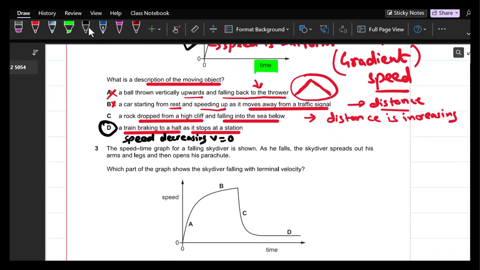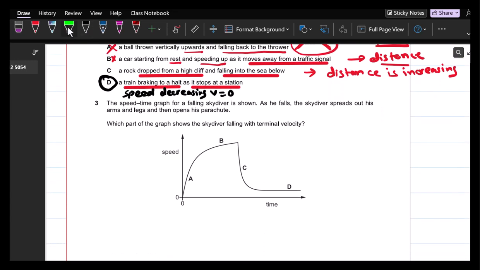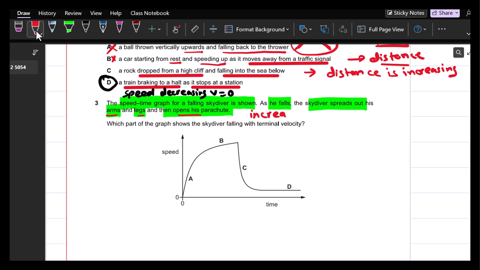So moving to question number 3, a speed time graph for a falling skydiver is shown. As he falls, the skydiver spreads out his arms and legs and then opens his parachute. All this happens to increase resistance. Which part of the graph shows the skydiver falling with terminal velocity?